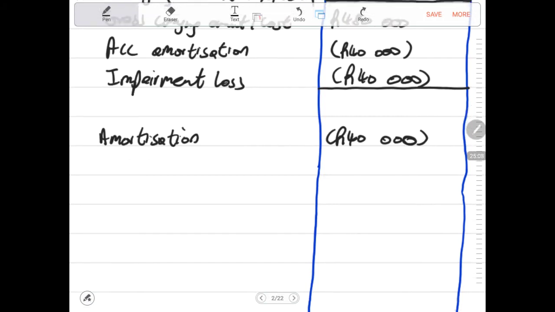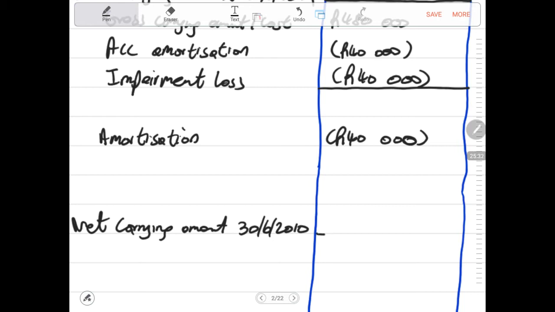Then now we go to the end. At the end, we have the net carrying amount at the end of the required period, our net carrying amount at the end of June in the year 2010. What is the net carrying amount?